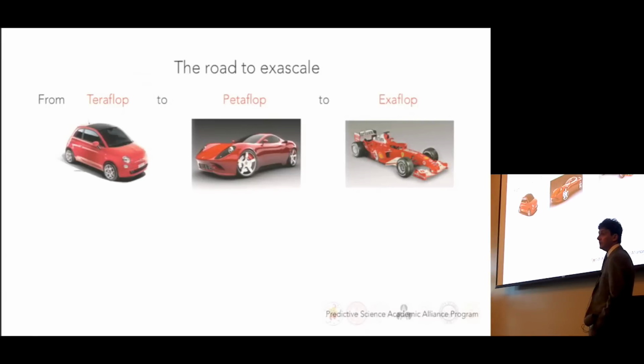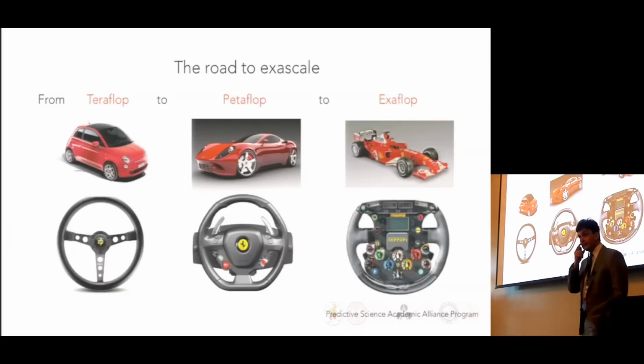But this is where we need to be if we want to work on exaflop systems. The reason I'm plotting this is that what our program is focusing on is not the hardware, but the interaction between the users and the hardware itself.